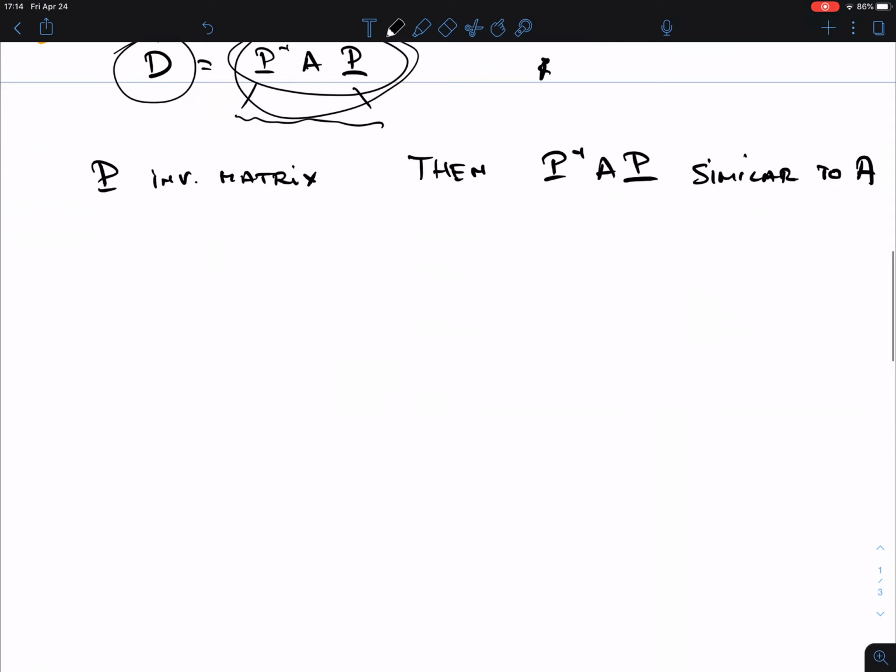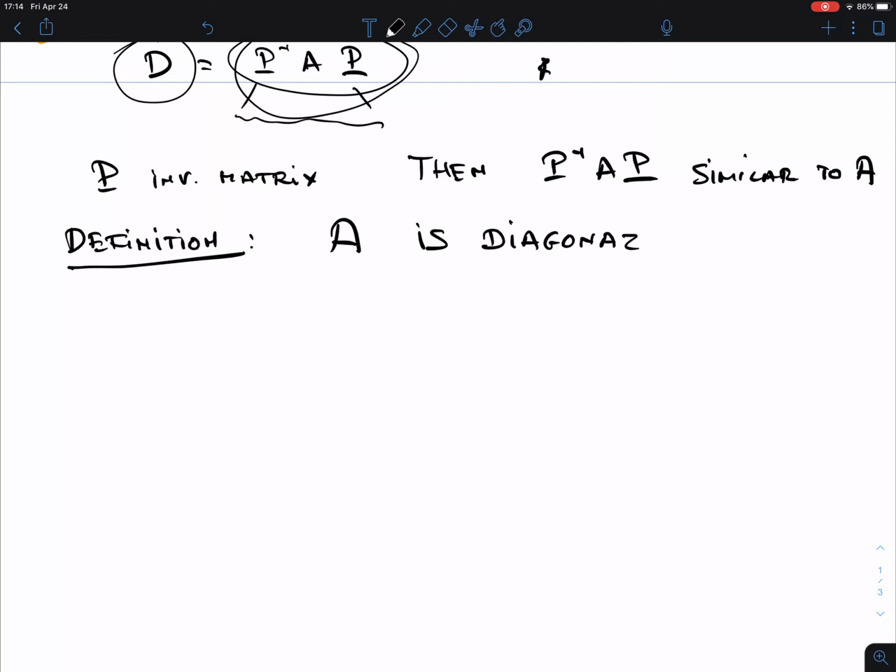Therefore we have a definition. We say that the matrix A is diagonalizable, or can be diagonalized, if it is similar to a diagonal matrix.